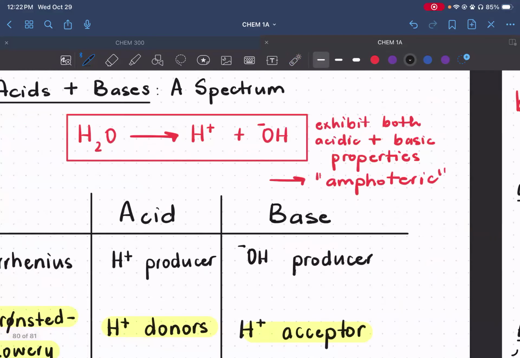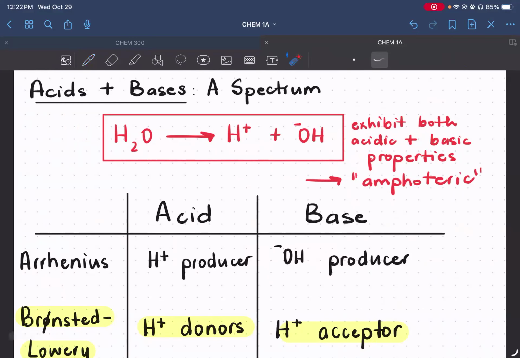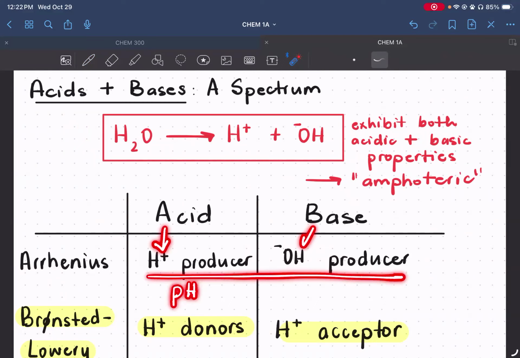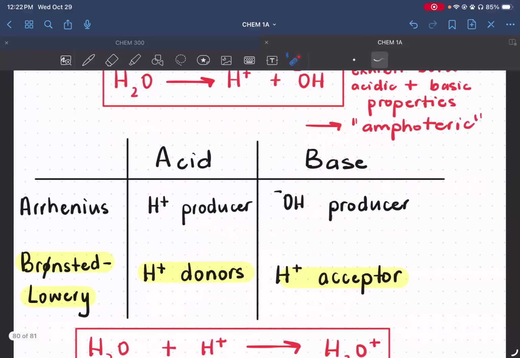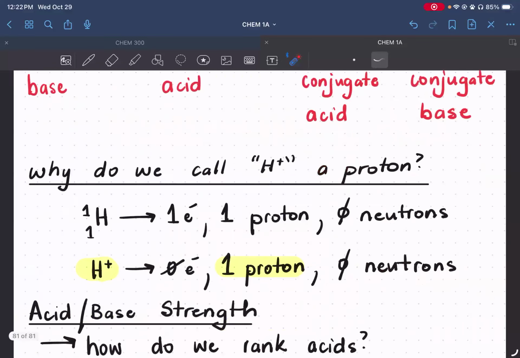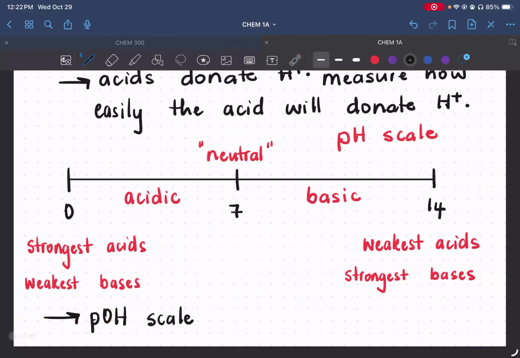Remember, let's go back to our definitions. Remember, one of the first definitions of an acid and a base was that an acid is an H plus donor, hence pH. And in the base, we had OHs. That's pOH. However, just through history, since that terminology has dropped out of the lexicon, pOH is not widely used.